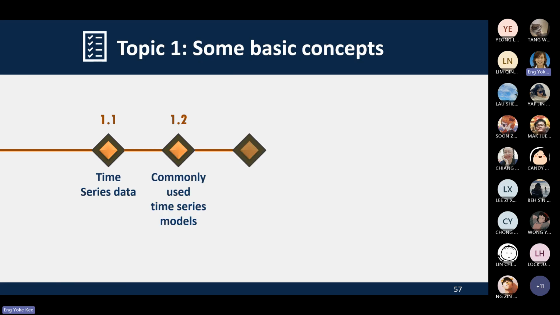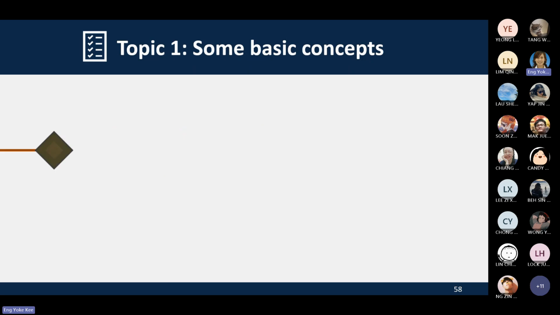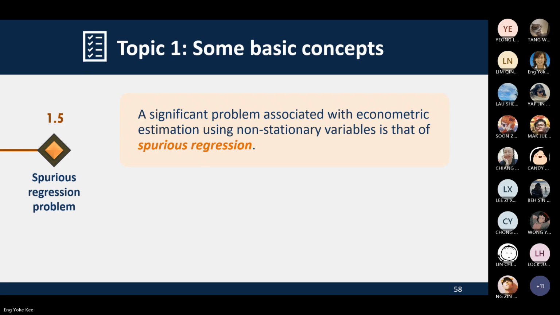So we have covered all these things. Let us look at the last part, on the spurious regression problem. So what is this spurious regression problem? Simple. Spurious regression is an econometric problem.